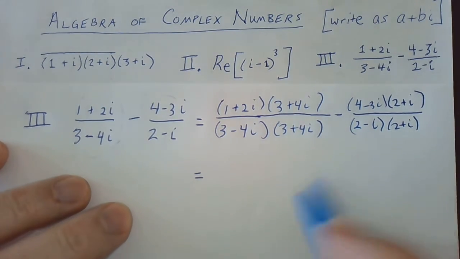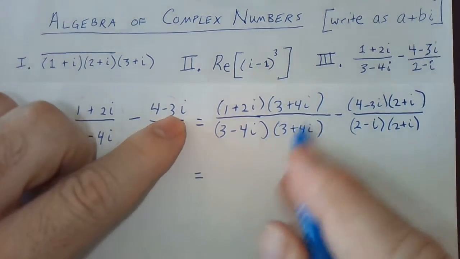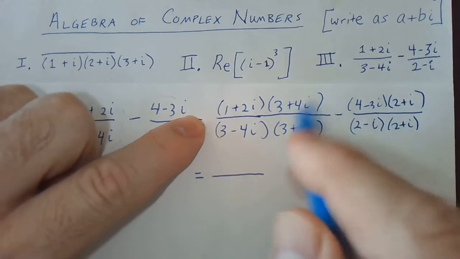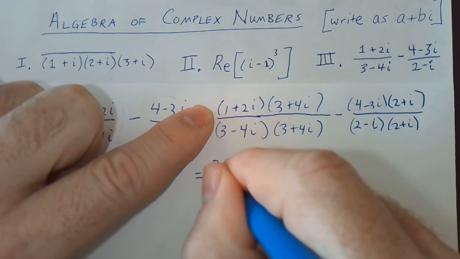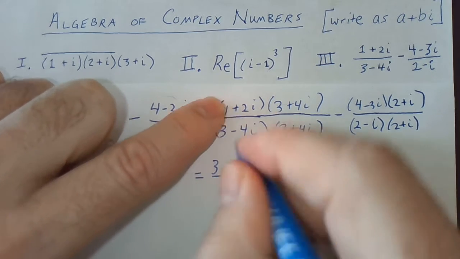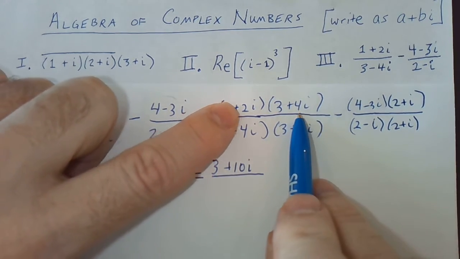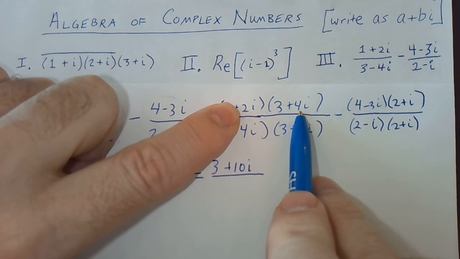And what you end up getting is, let me foil out the top first. Looks like I will get 3 plus 4i plus 6i, which is plus 10i, plus, the last is going to be plus 8i squared.